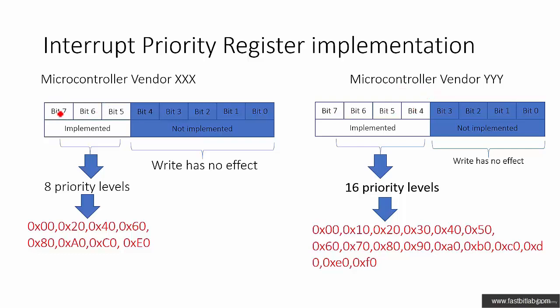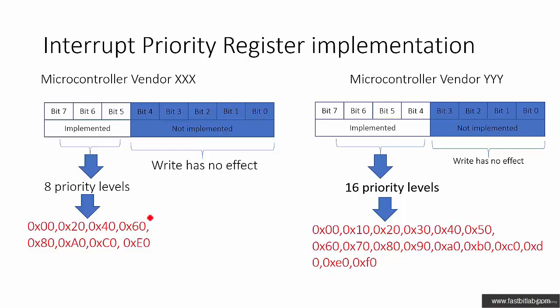If only 3 bits are implemented, then there are 8 priority levels like this. So these are the different priority levels. If there is any IRQ with this priority value, then it will be of highest priority interrupt.